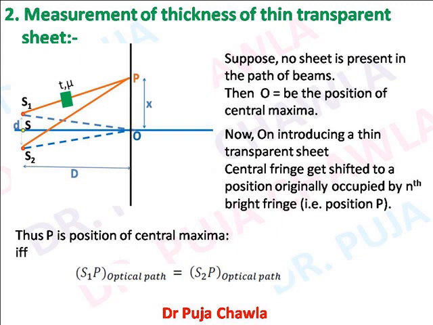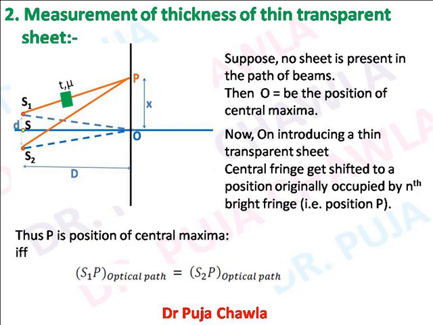S1P is a path that is travelled in air and thin film both. How much path is travelled in air? S1P minus small t path is travelled in air, and small t path is travelled in the refractive index mu. So the optical path S1P is equal to S1P minus small t into refractive index of air, plus small t into refractive index of thin film, that is mu.